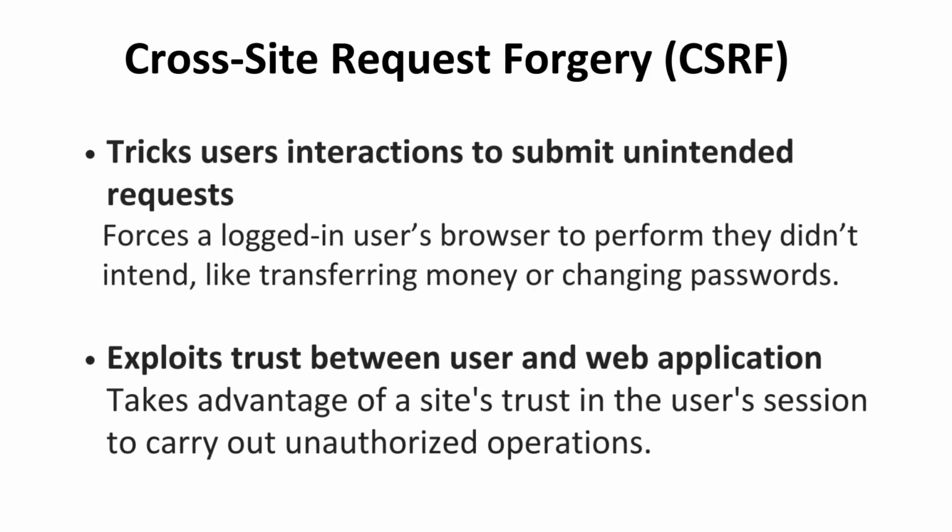Now CSRF, that is cross-site request forgery, tricks users into interactions that submit unintended requests. It forces a logged-in user's browser to perform actions they did not intend, like transferring money or changing passwords, and exploits trust between the user and the web application. It takes advantage of a site's trust in the user's session to carry out unauthorized operations.